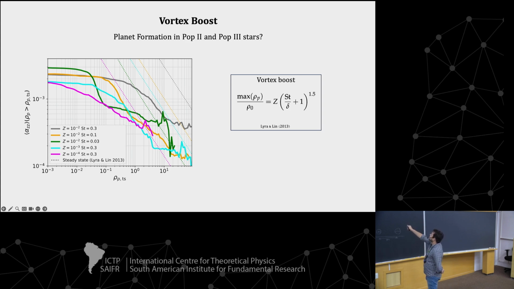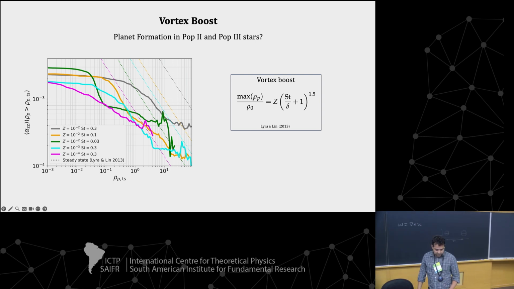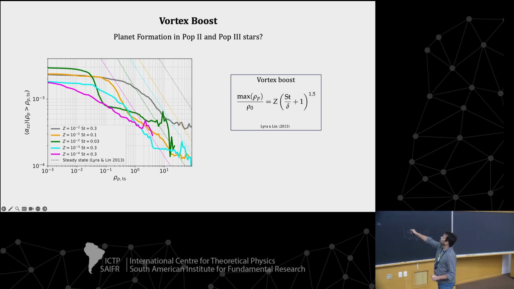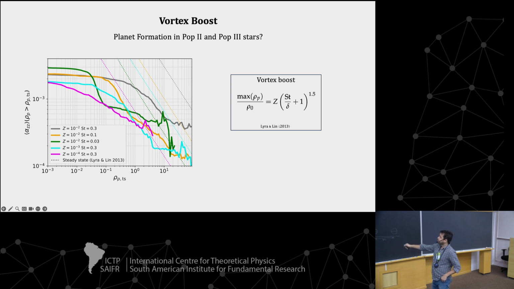So you see here, this is the metallicity, again, and that quantity that we talked about, right? The Stokes number versus the non-dimensionalized RMS of the turbulence. What you see here is this quantity, the dashed line, for these different combinations of metallicity and Stokes number.